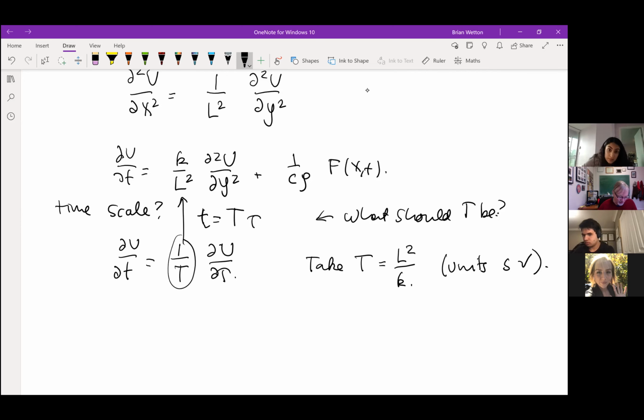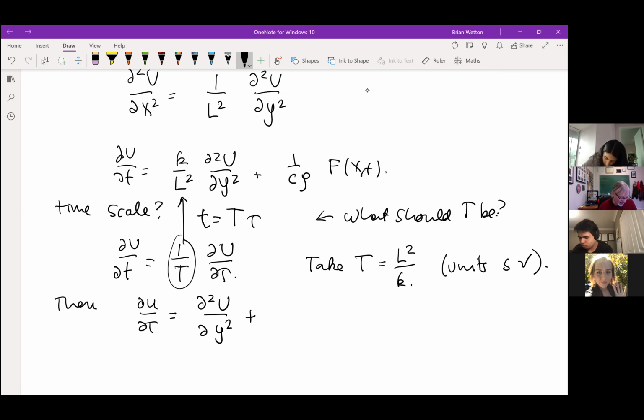And then if I do that, I get du d tau, that's scaled time, is, well, I've canceled that term out. This is just d2u dy squared.